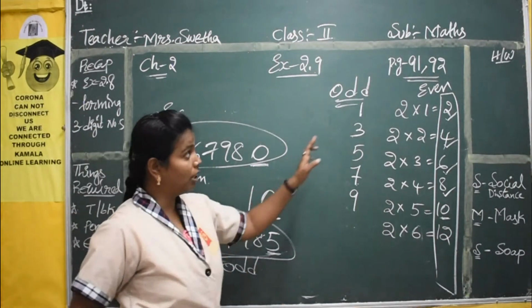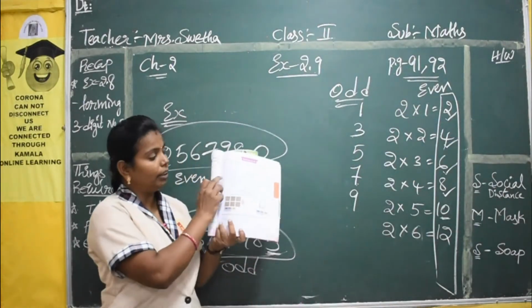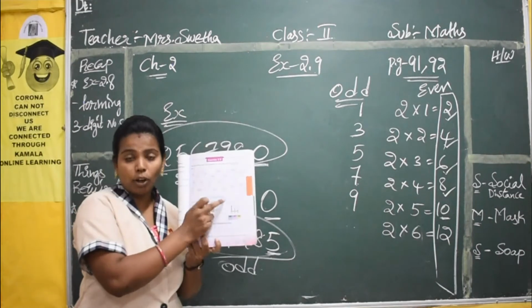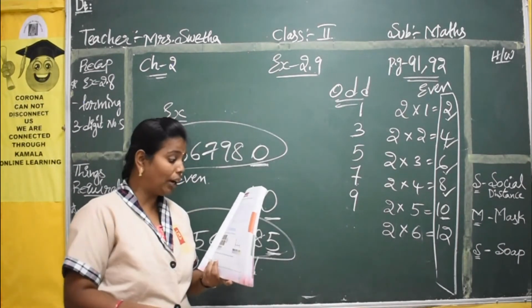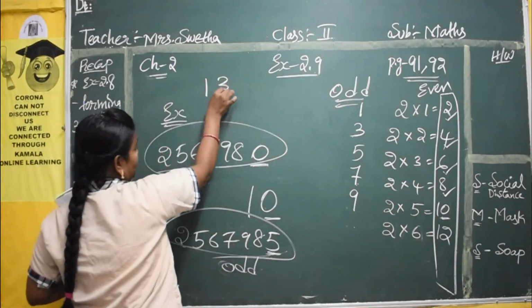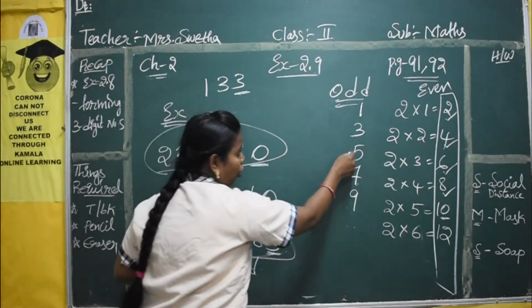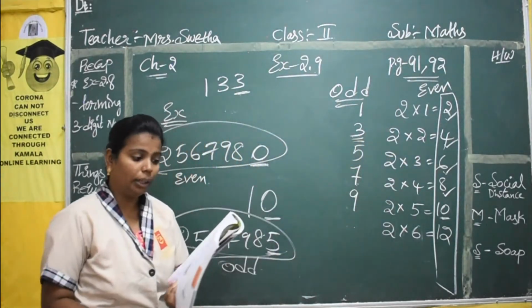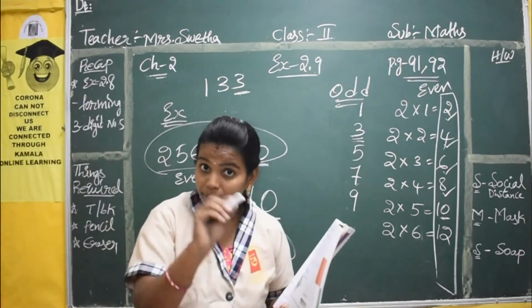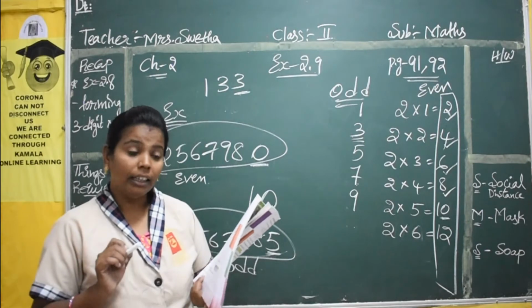Yes. So on your page number 91 you can see 'color the circles'. Here they have given different sets of numbers and they have circled them. Yes. So for those numbers you have to identify. See your first number, you have to color with green color.